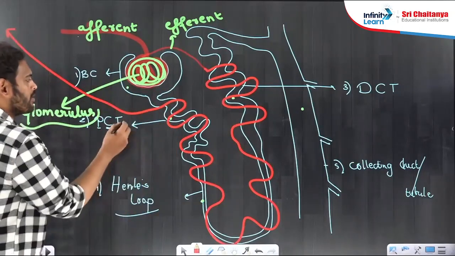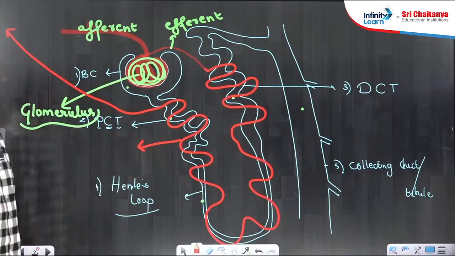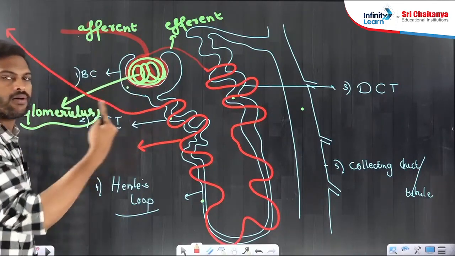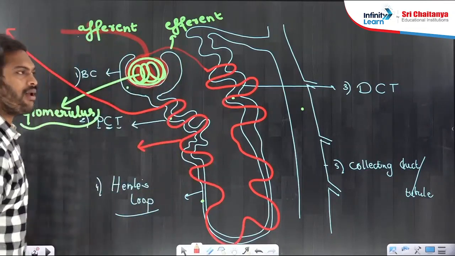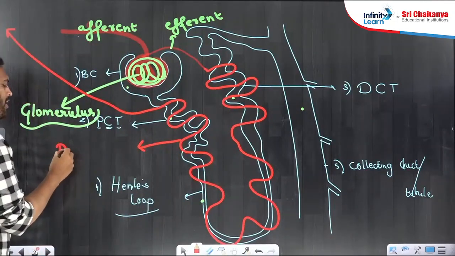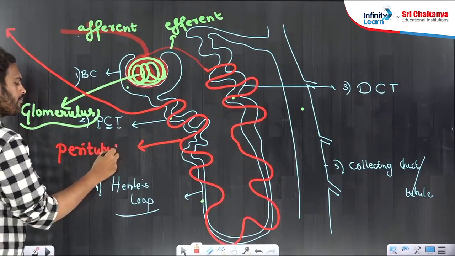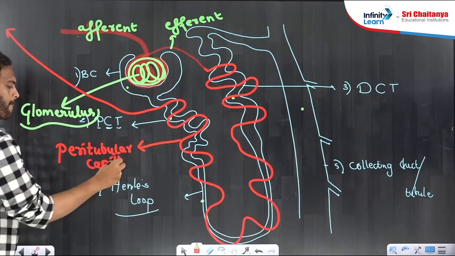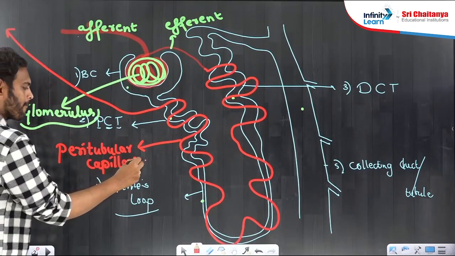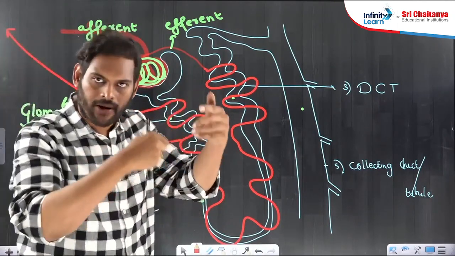This structure which is formed by the efferent arteriole around PCT, DCT and loop of Henle, we refer to as peritubular capillaries. Okay, peritubular means perimeter, surrounding, like this.